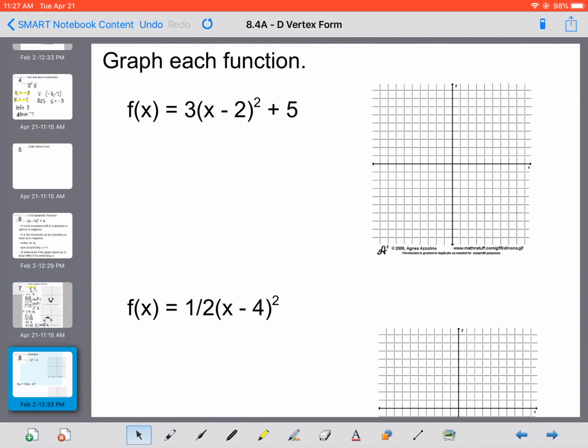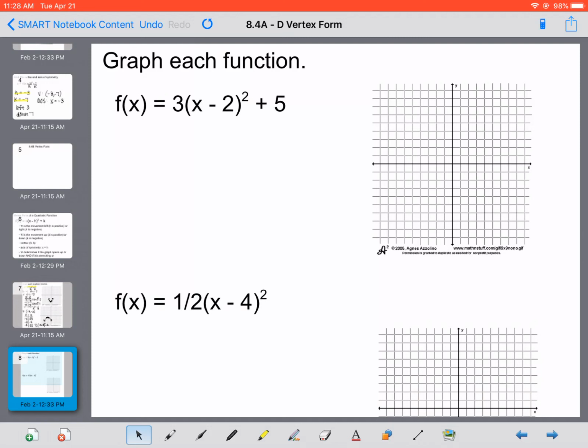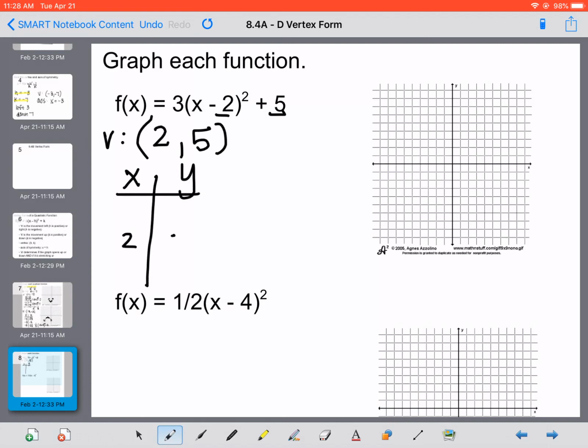Okay, let's look at another one. Okay, so here we have another a value, but it's not a fraction, which is helpful. So here's my h and my k. So my vertex is at a positive 2 and a positive 5. So if we make our table, put our vertex in the center, 1 below 2 is 1 and 1 above 2 is 3.